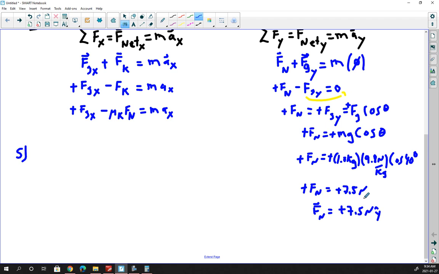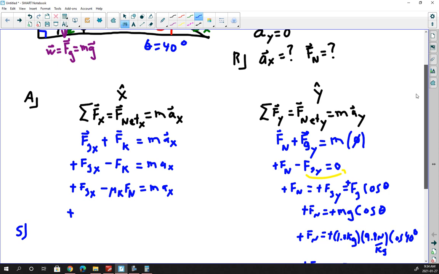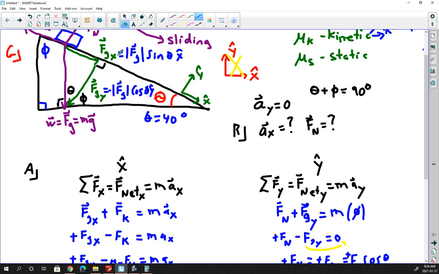You can go back and look at the free body diagram to find the direction. Now we can come over to this side here, and we know that force of gravity x component, all we want is the magnitude. If I go back to the free body diagram, there it is. But all I want is the magnitude, so all I need is Fg sine theta. The direction's been taken care of already.